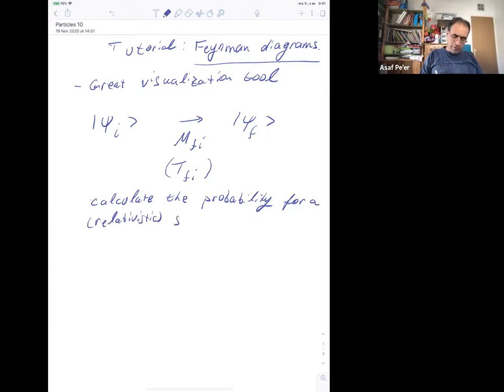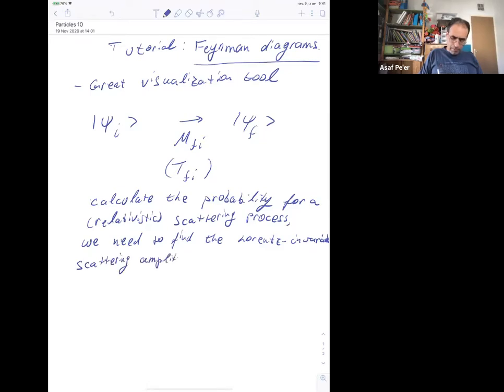For that we need to find the Lorentz invariant scattering amplitude, which is the M.